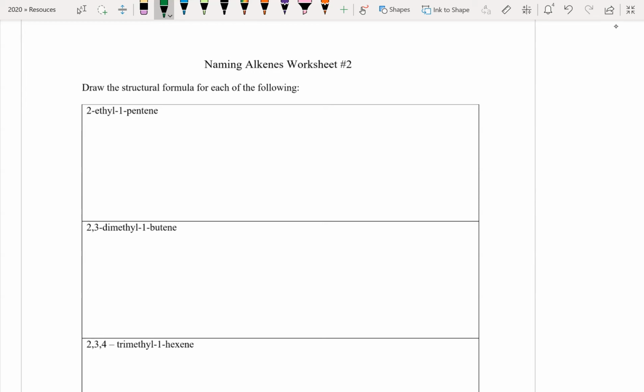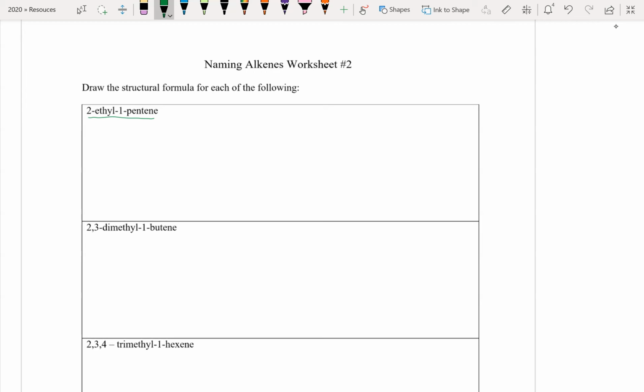So we do it a little differently, and it doesn't make any difference at all. I think the way we do it looks gross. It's gross to say it, but it works really well as a learning tool. So here we have written 2-ethyl 1-pentene.